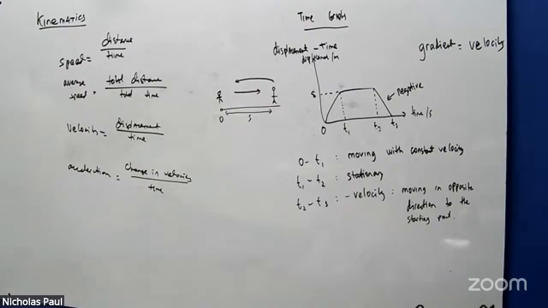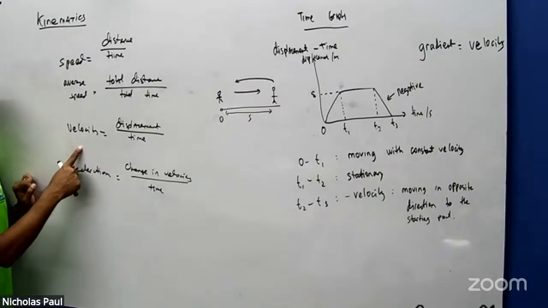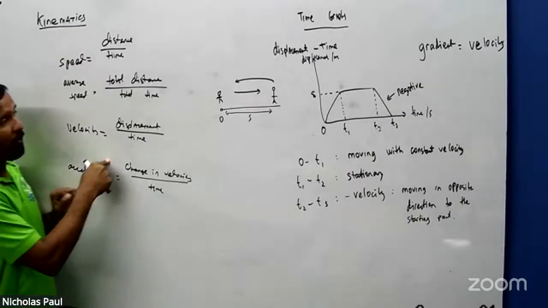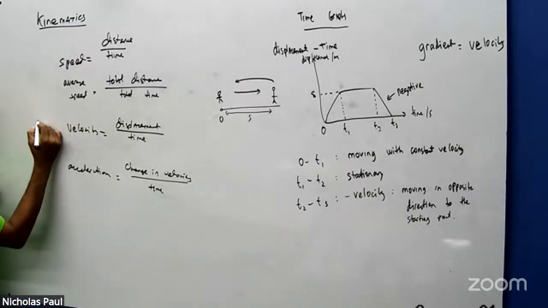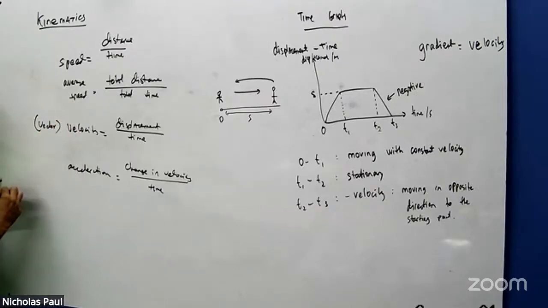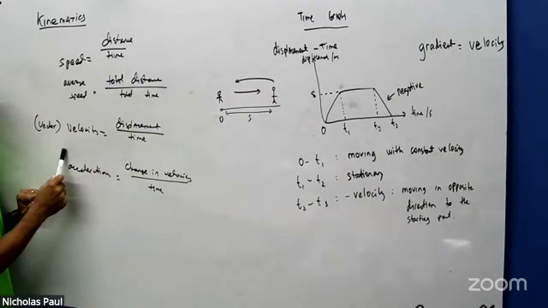Right, so again, let me just go over this to make sure you all remember. Velocity tells you how displacement changes with time. Velocity is also a vector quantity, so one direction is positive, the next direction negative.